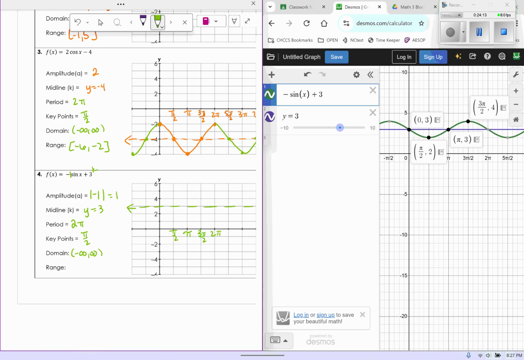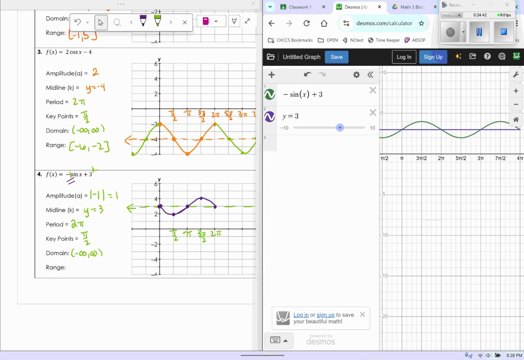So then for your graph, they have 0, 3, pi over 2, 2. Pi is back to the midline. 3 pi over 2 is up 1 from the midline because that's the amplitude, and back to the midline. So if you know where you're starting, you're just going up and down the amplitude. In this case, because it's negative, we're going down 1, up 1, back to the midline, up 1, down, back to the midline.